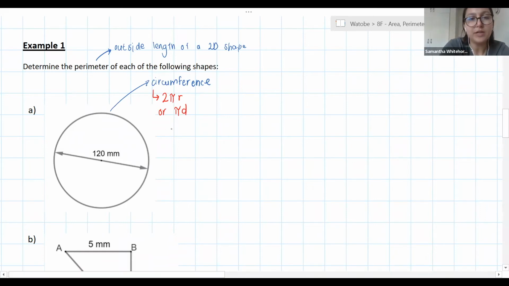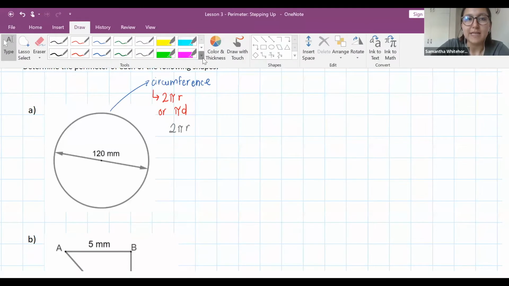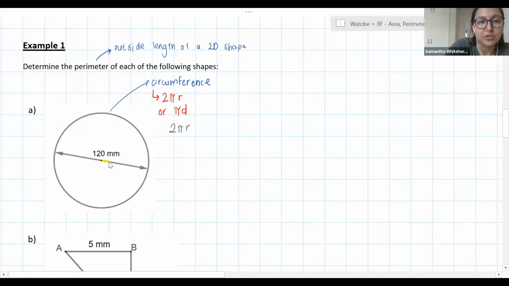If we use our first formula, 2 pi r, this formula is saying 2 times pi times the radius of the circle. What we need to remember is that the radius is a line drawn from the center of my circle to the circumference. So the radius is not actually this whole 120 millimeters.